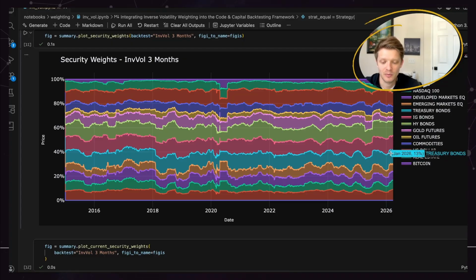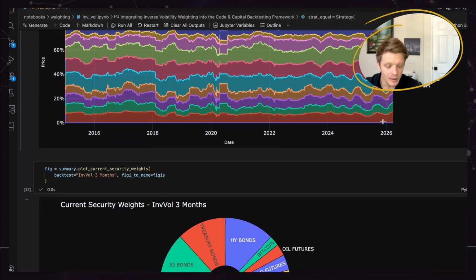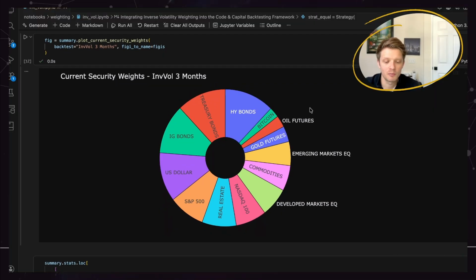You can see the treasury bonds being around 10 to 15% all the time, as well as IG bonds and high yield bonds. If we look at the current portfolio, you can see we are currently 12% in high yield bonds, we are also 12% in treasury bonds and 11% in IG bonds, as well as 11% in the US dollar.